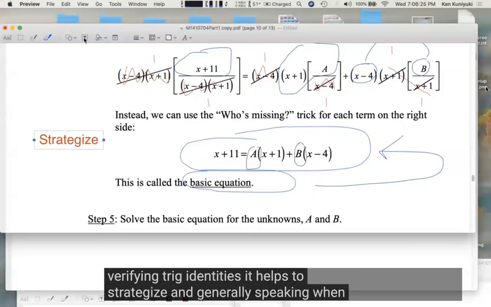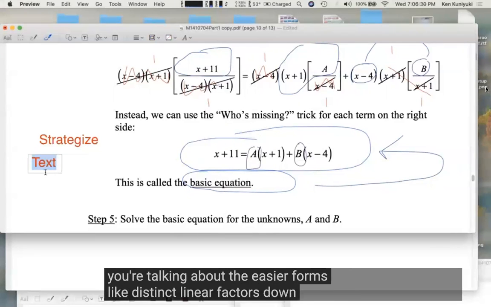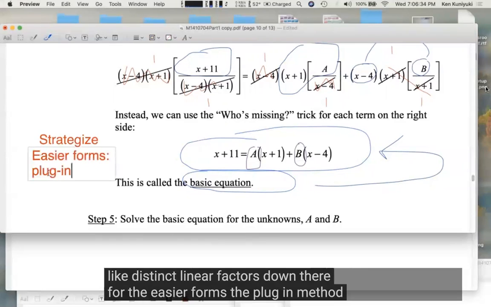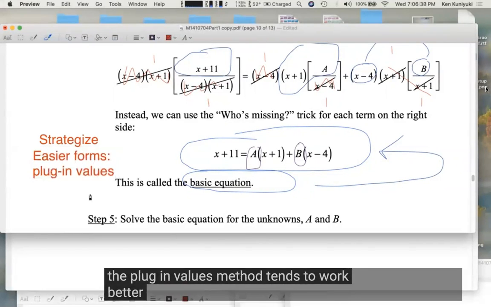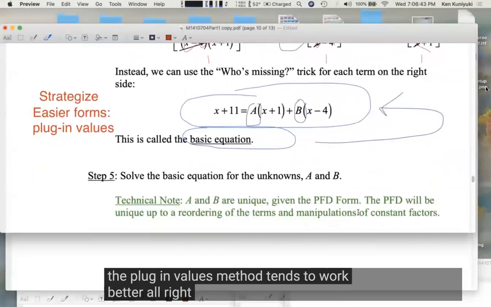And generally speaking, when you're talking about the easier forms, like distinct linear factors down there, the plugin values method tends to work better. All right.